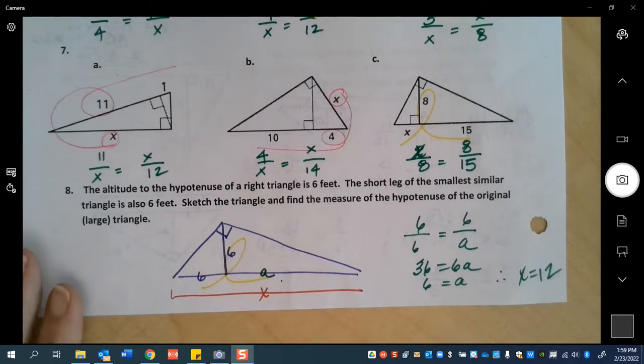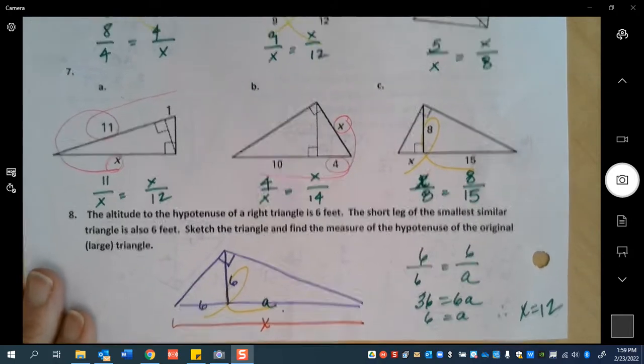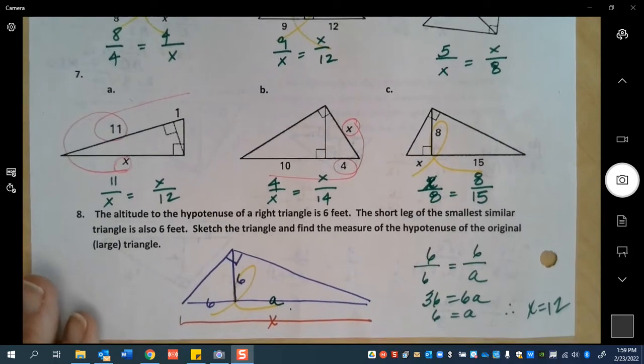Question, go ahead. Just kind of on topic, but also kind of off topic. How would you classify two legs differently if they were both equal? Because they don't have a short or a long. Right. So if you have a triangle like this, let's sketch what this one really is.